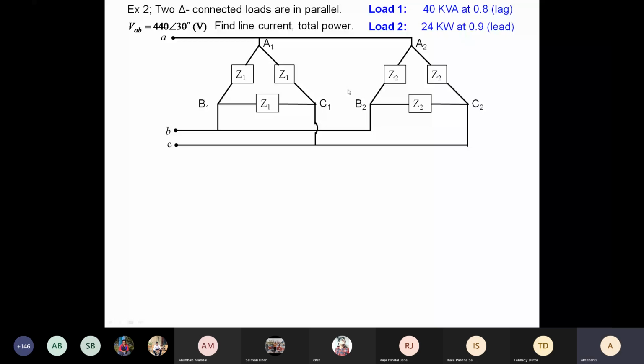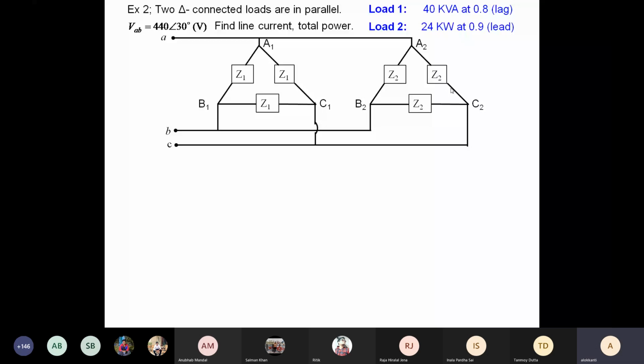Which one is easier to find in this problem? Total power, because I have described the load with respect to power.